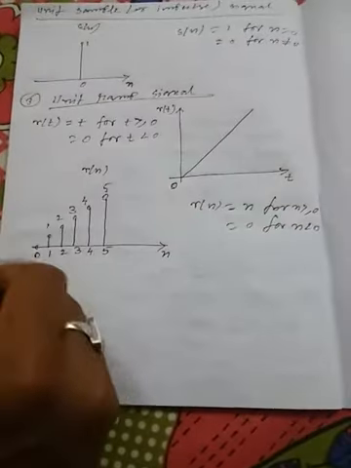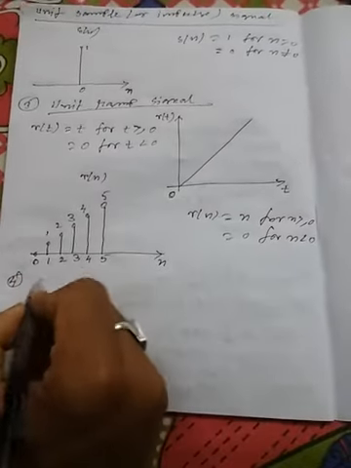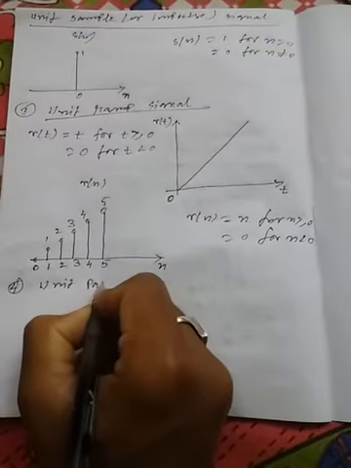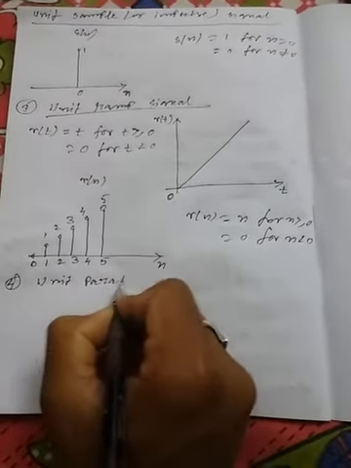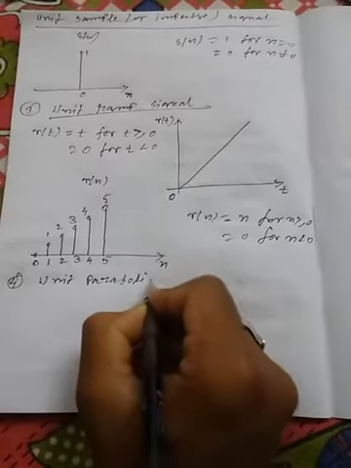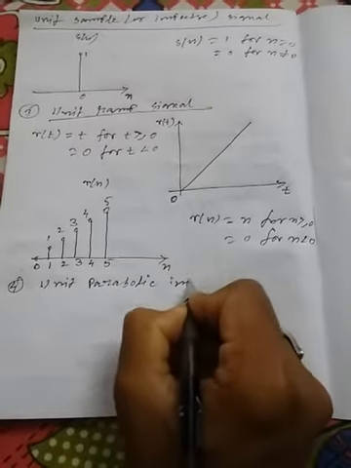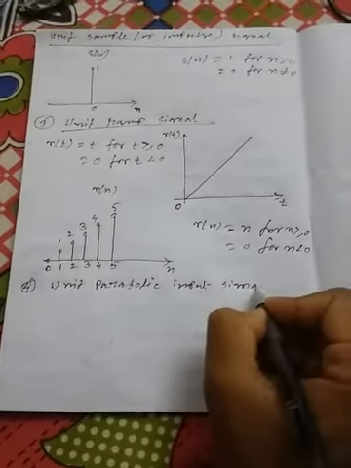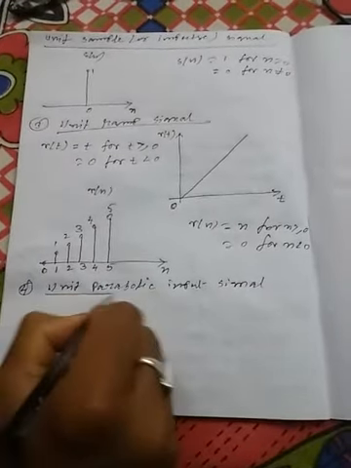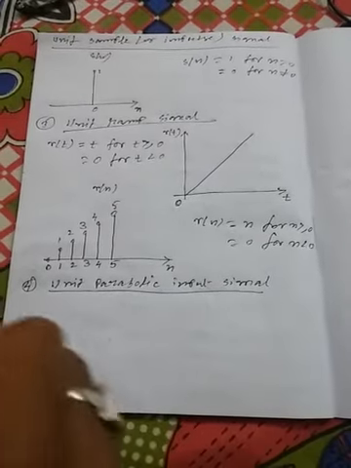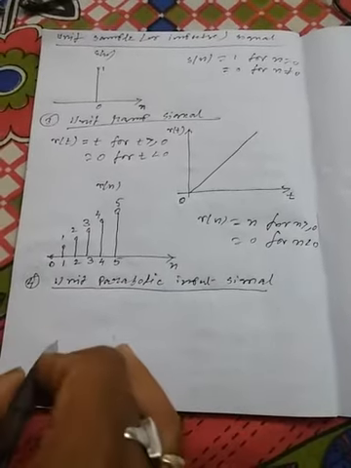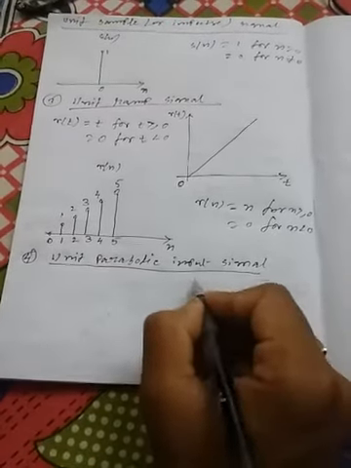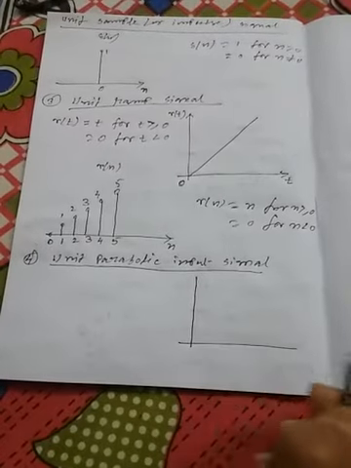Okay, now number 4 input signal is unit parabolic input signal. The graph of unit parabolic input signal is this.